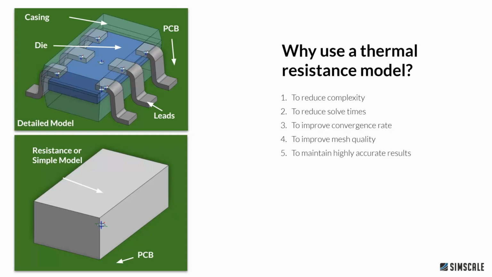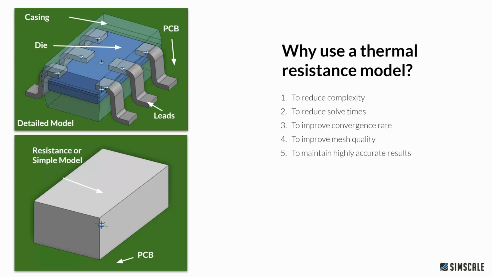A lot of the times when we're looking at PCBs and components, we want to be drawing conclusions about the temperature inside that component and making sure that it doesn't exceed some temperature. When it exceeds that temperature, we're going to say, okay, now it's failed. This simple model, when everything is assumed to be one temperature, is not going to be a good indicator of when something might fail.